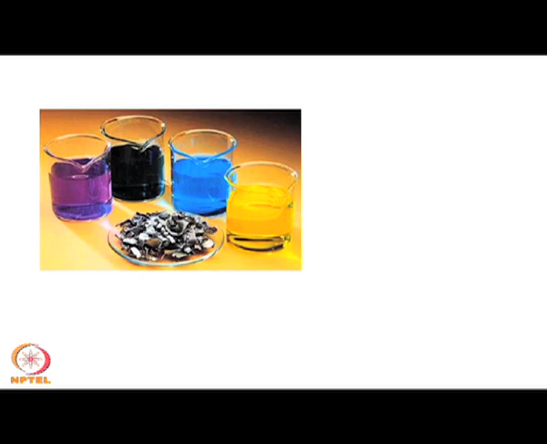Now, if we modify the ligand system or the oxidation state of the metal ion, we get all these different colors. In the VIBGYOR spectrum we have 6 basic colors, but from a single metal itself we can get 4 such very beautiful colors.